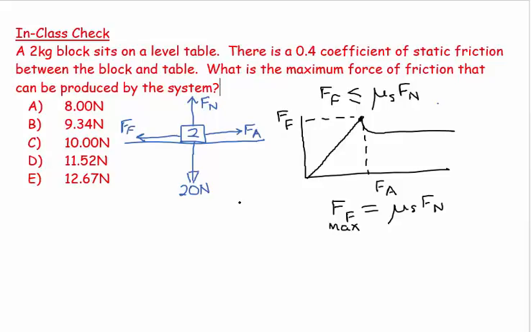What is that maximum value? Well, if we substitute our values in, FF max is equal to, well, 0.4, because that's the coefficient of friction, times Fn. Oh, okay. I don't actually know what Fn is.